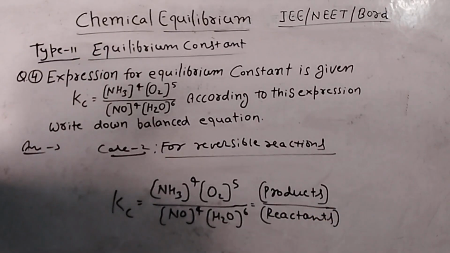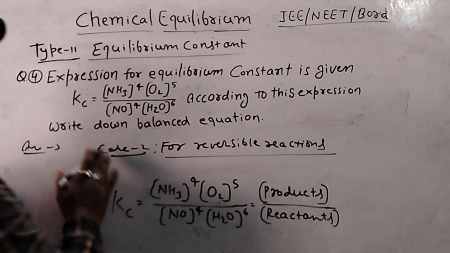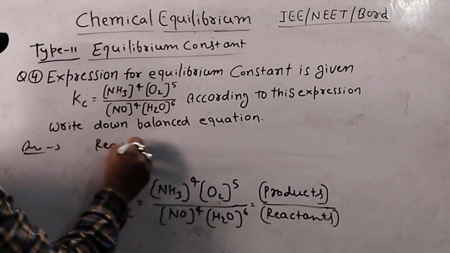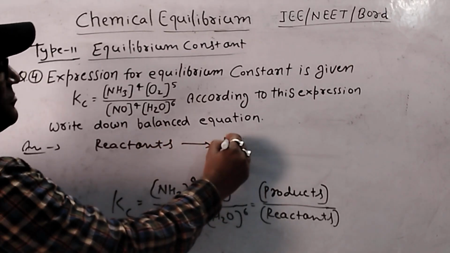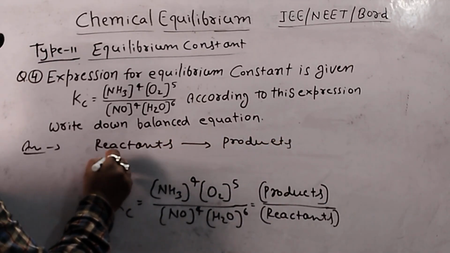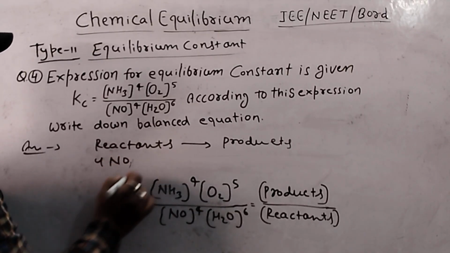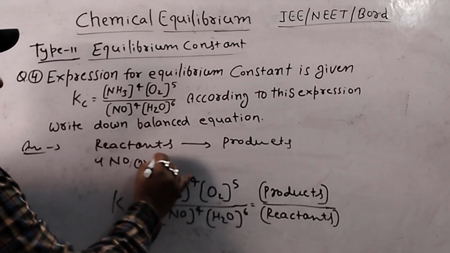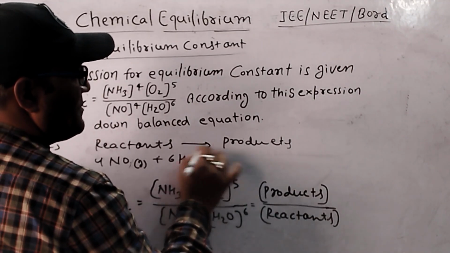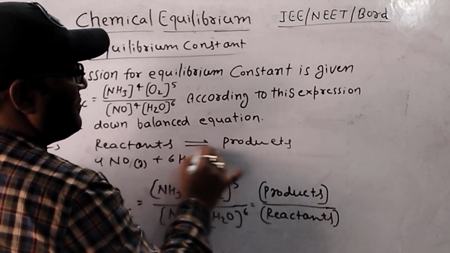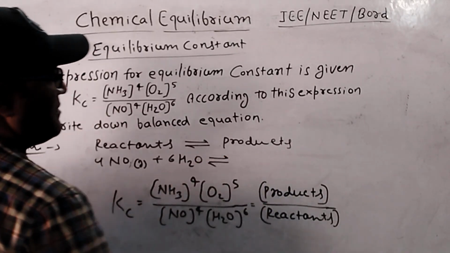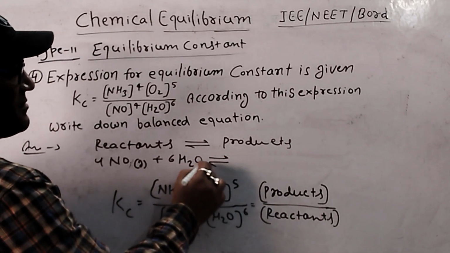Okay, you can take a screenshot. Now we can write here the formula, reactants to products. So 4NO gas plus 6H2O gas. Now we can use here the symbol of reversibility because this is applicable for reversible reactions.